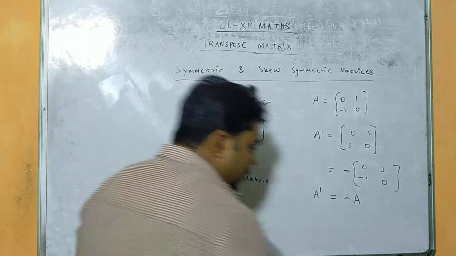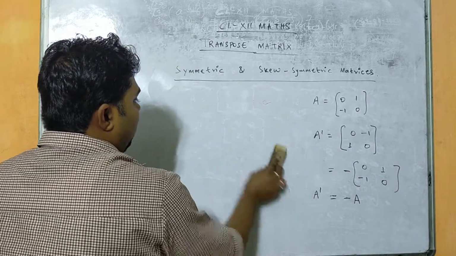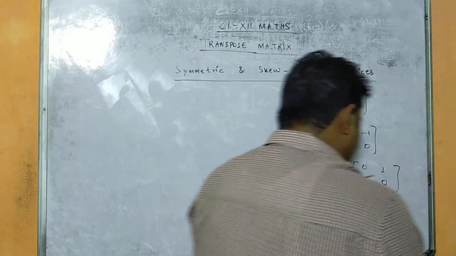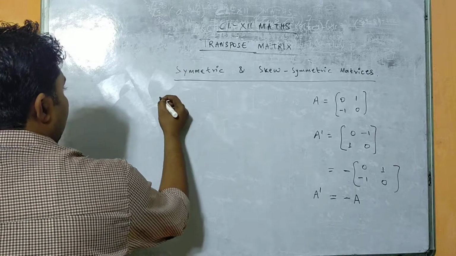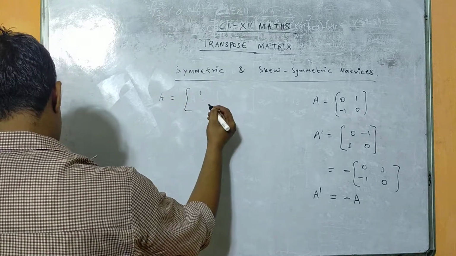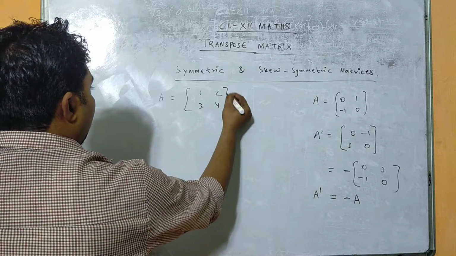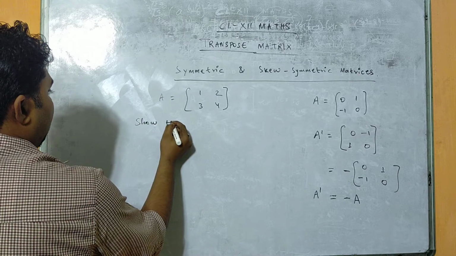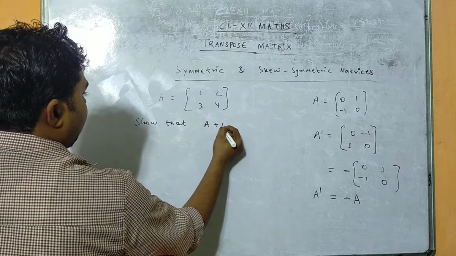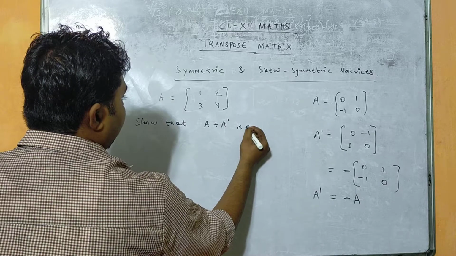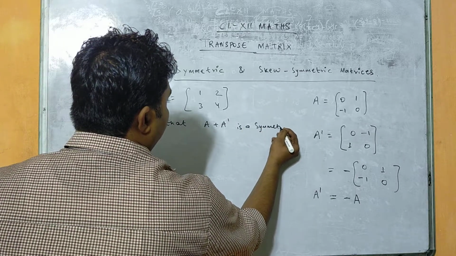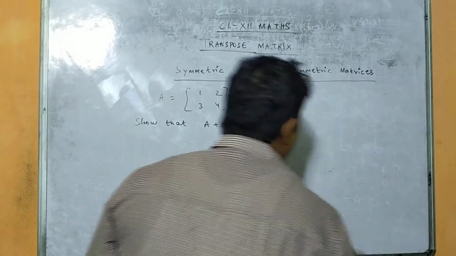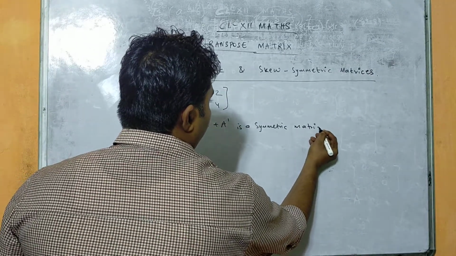Similarly, for example, we have a given matrix A equals 1 2 3 4. Show that A plus A transpose is a symmetric matrix, right?